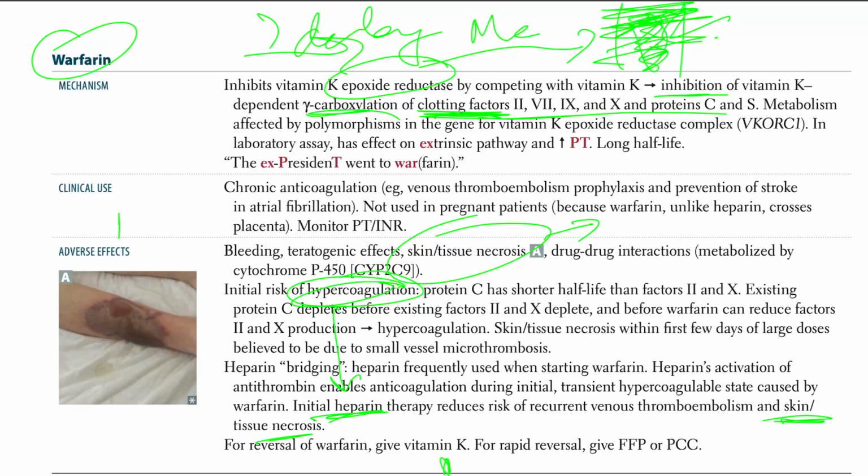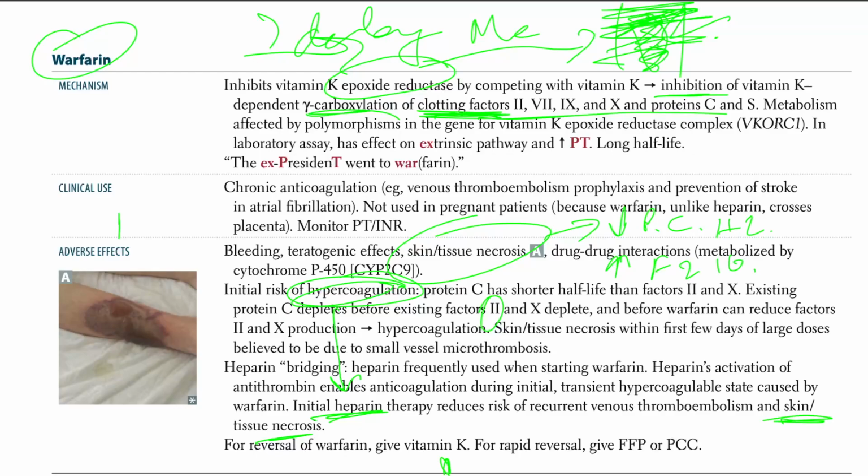But how does it happen? Well, the difference in the half-lives, as we mentioned: protein C has a short half-life, and factors 2 and 10 have a longer half-life. That leads to a transient hypercoagulable state because of decreased protein C half-life and increased factor 2 and 10 half-life.